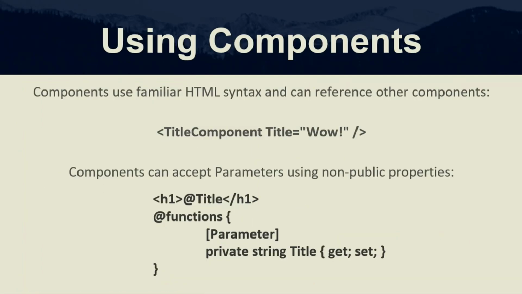So in this case, there's a parameter called title that's being declared statically within the code. And it's getting picked up by this function block. And then it's going to be rendered between some h1 tags, right? So ultimately, that title component is going to be replaced at runtime by h1 and then wow and /h1. So that's how components work in a very simplistic sense.